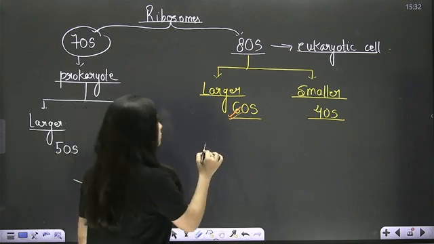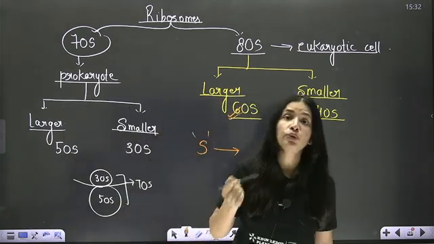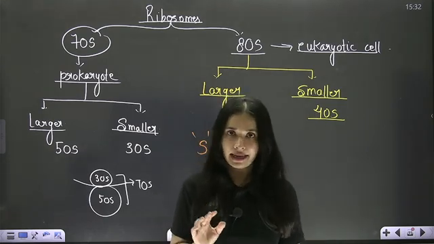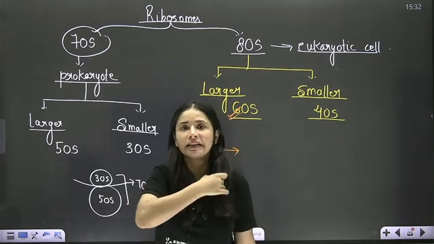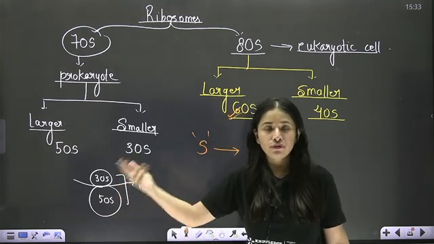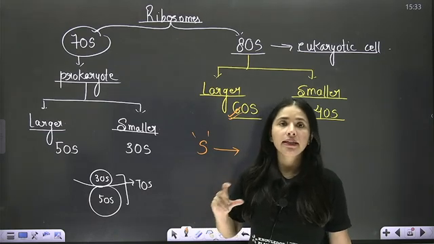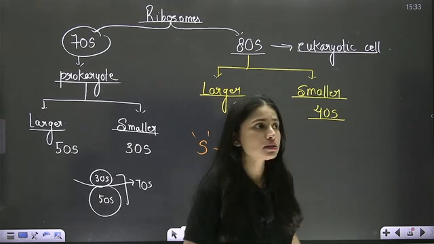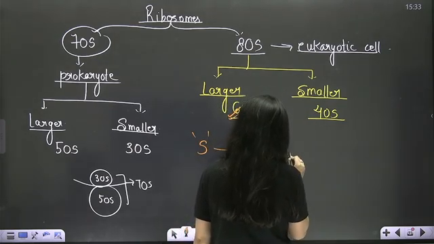But what about this S? S is the unit which tells you about the density gradient, correct? Like you have centimeter, meter, millimeter, liter, decibel, all these are different units of different quantities. Similarly, for ribosomal units, the unit is S, which stands for sedimentation coefficient.